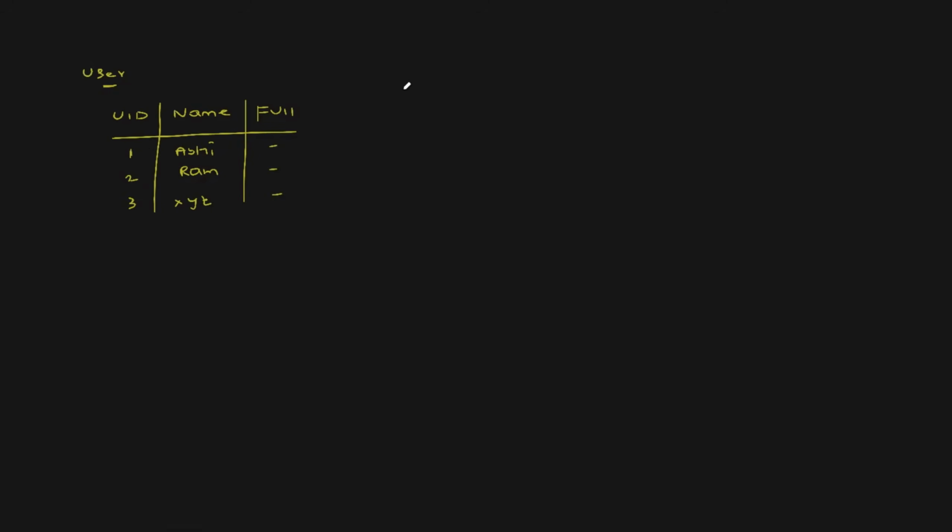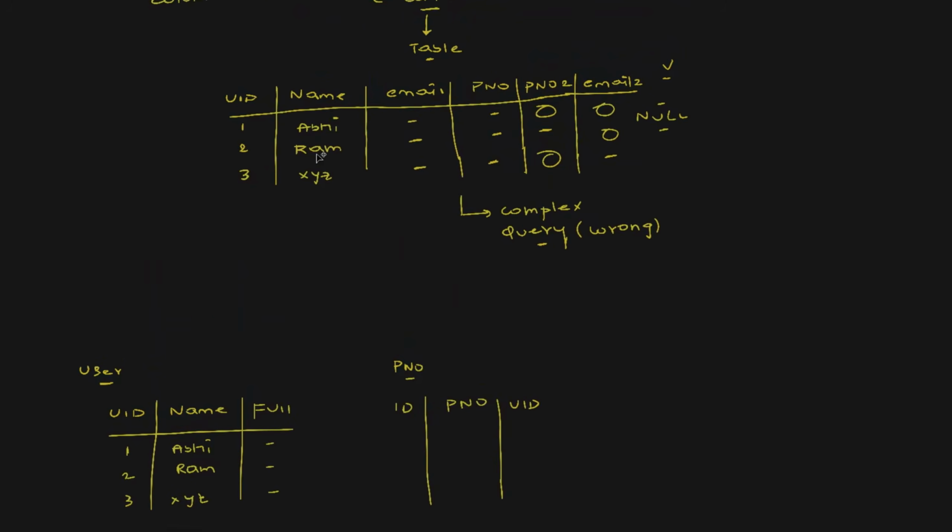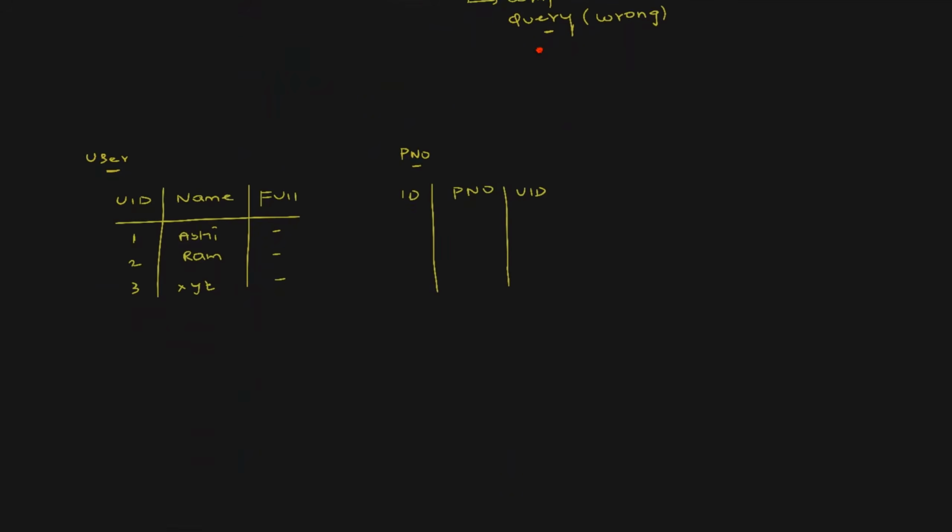Now in the second table, let's say you call it the phone number table. In this table, you have the ID, phone number, and user ID. That means in the previous example, if you notice, user Ram has two phone numbers.